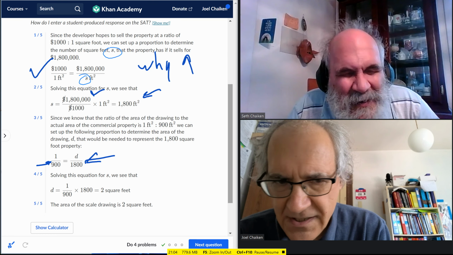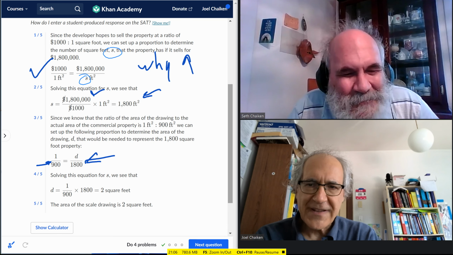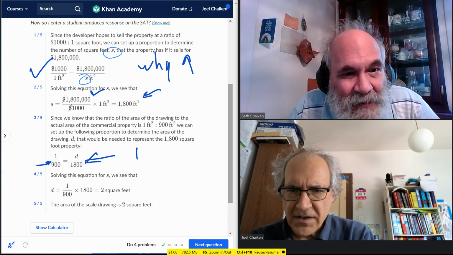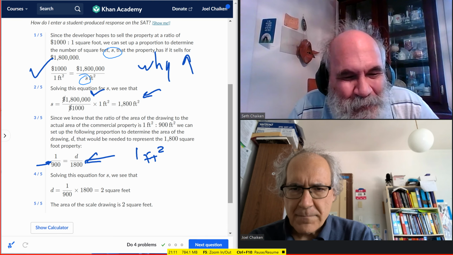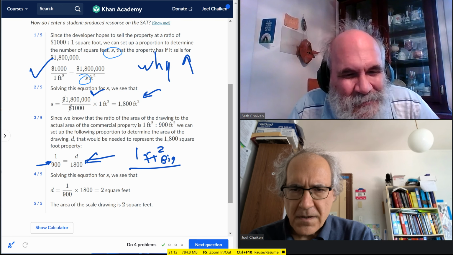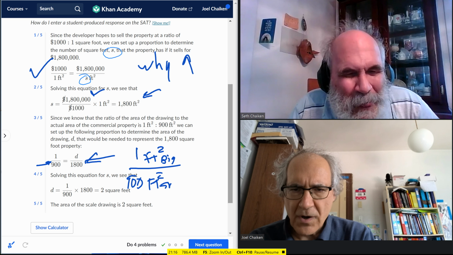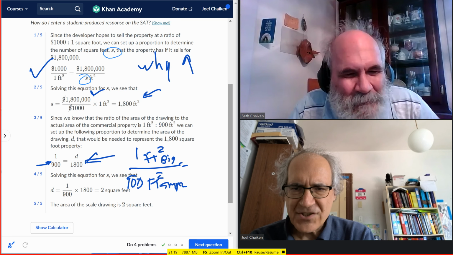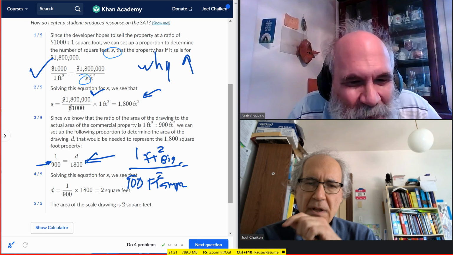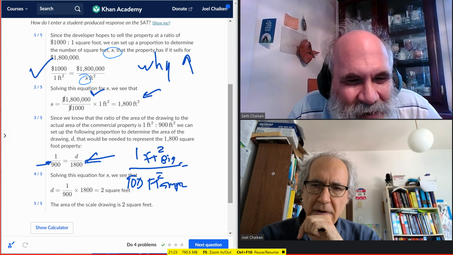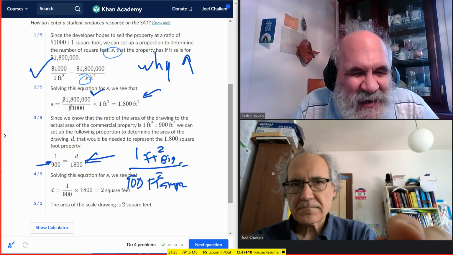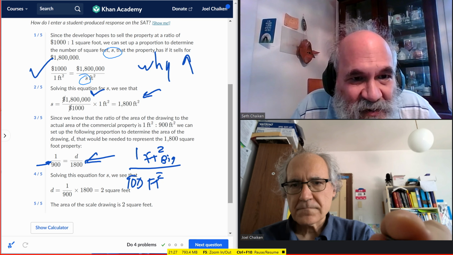But they also could have said big and small. We did. We were careful with this. We did 1 square foot big over 900 square feet small. We made that distinction, which I think is really helpful in these problems.